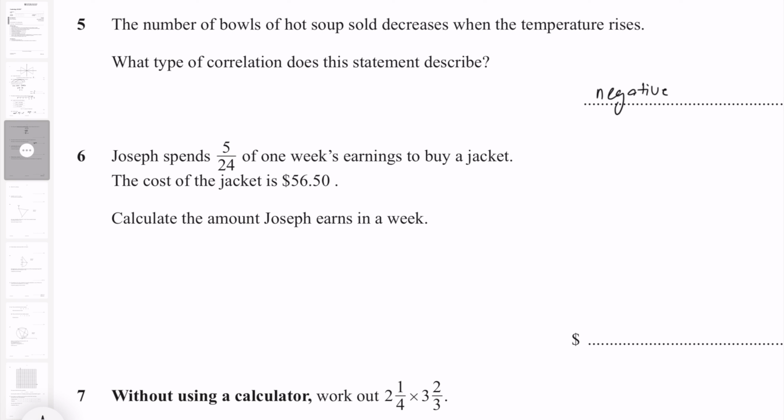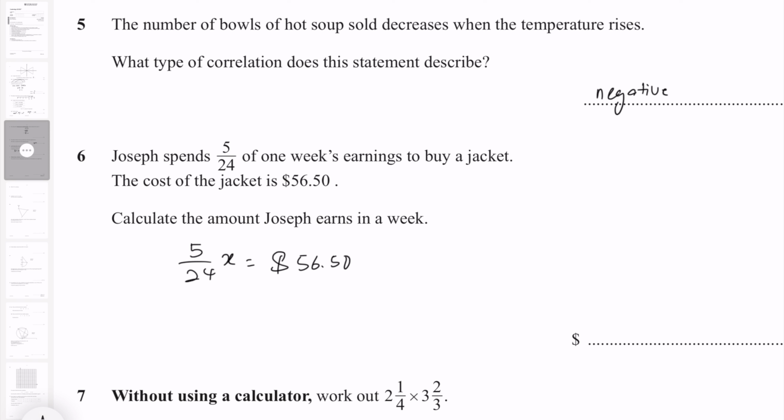Joseph spends this much of 1 week's earnings to buy a jacket. The cost of the jacket is that. Okay, so this 5 out of 24 of his earnings is equal to that jacket. Is equal to $56.50. But we don't know what the earnings are. So you're going to have to times x to the fraction. These are equal.